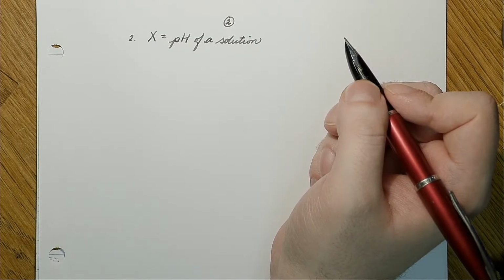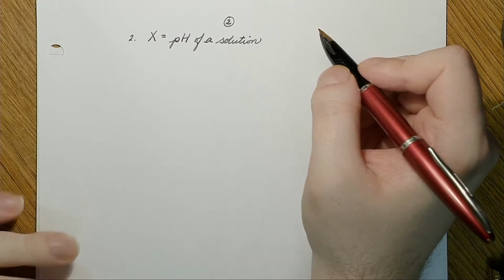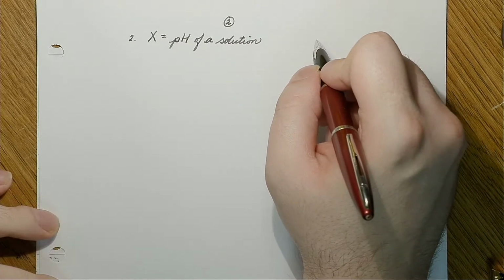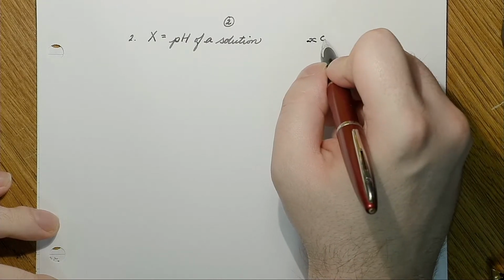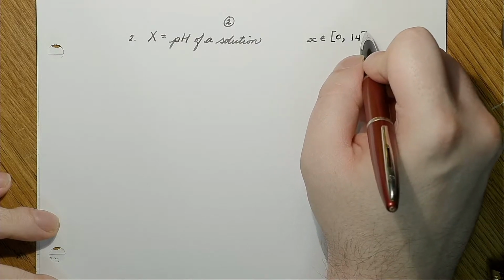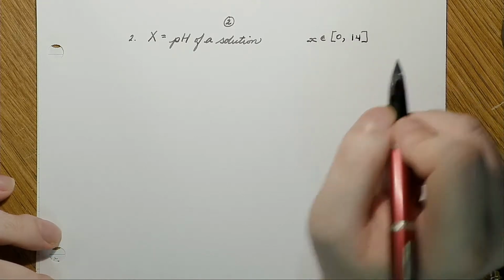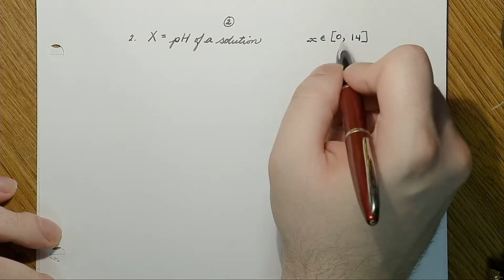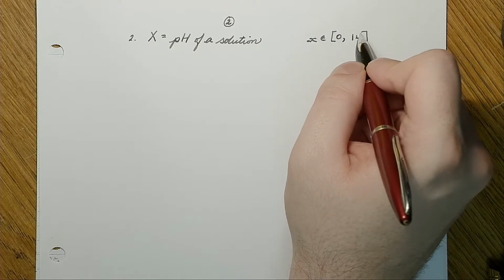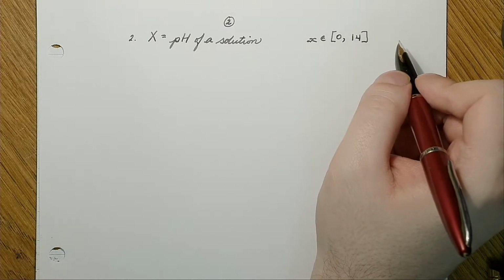Thinking back to our first year chemistry course, the values of X can be from 0 to 14. That's the minimum value you could have for a pH solution, and this is the maximum. The more you go toward 0, the more acidic; the more you go toward 14, the more basic.